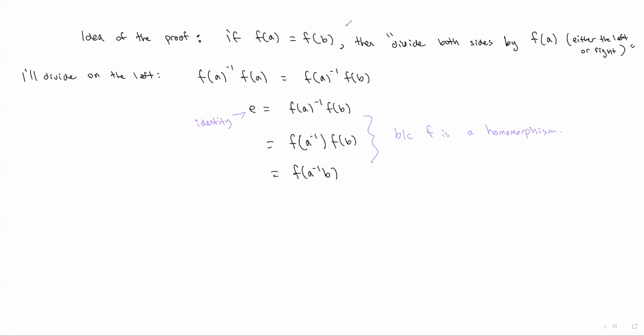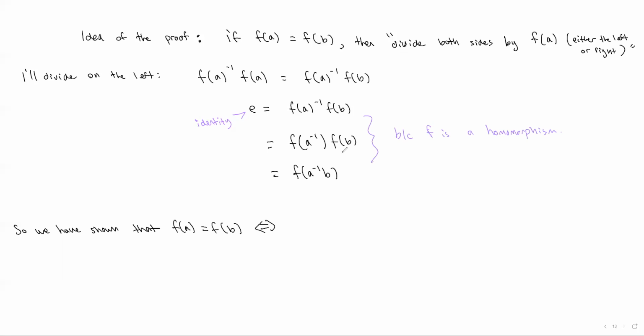So we have shown that f of A equals f of B if and only if, and it is an if and only if, because dividing by f of A is a reversible thing, right?